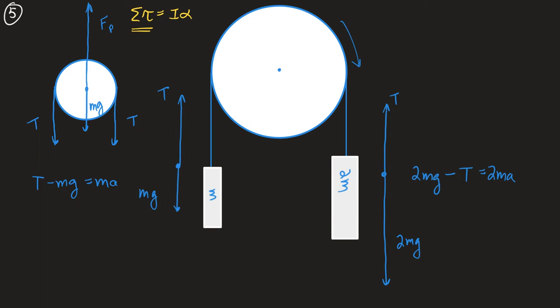Well, I know it's not 2 mg, because if it was 2 mg, then that would mean this tension would be 2 mg, and the net force on that mass would be zero. The only way that mass accelerates downwards is if the tension is less than 2 mg, right?